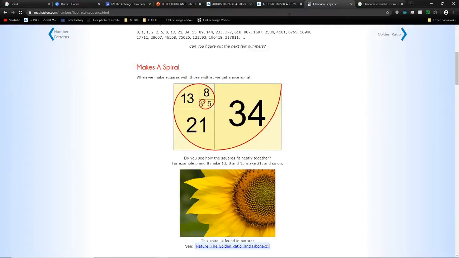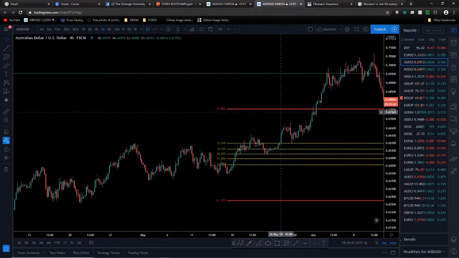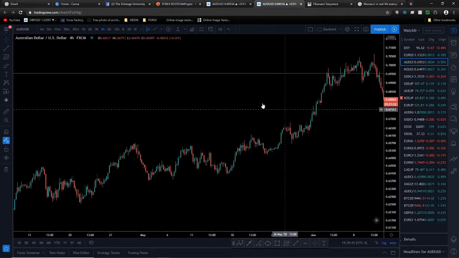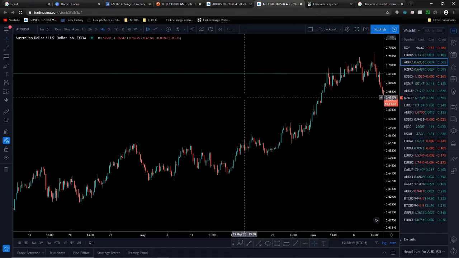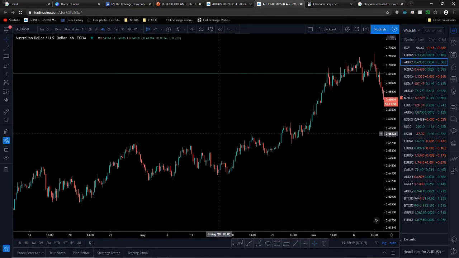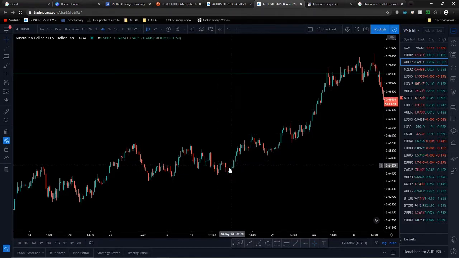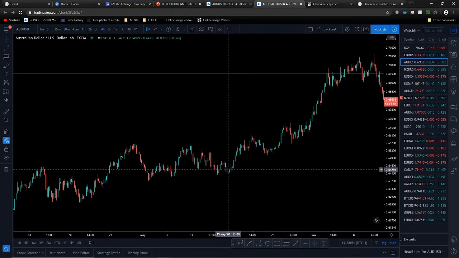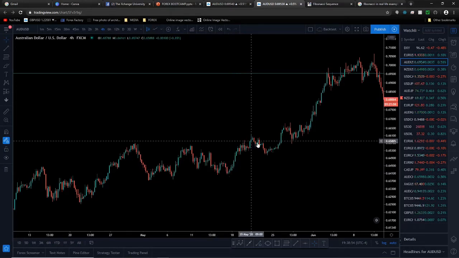So when using Fibonacci retracements in the market, which I'm going to show you here, if you haven't already, essentially what you're looking for with a retracement, and the word retracement means to pull back, so to speak. Some people will call this a pullback or retracement, right?